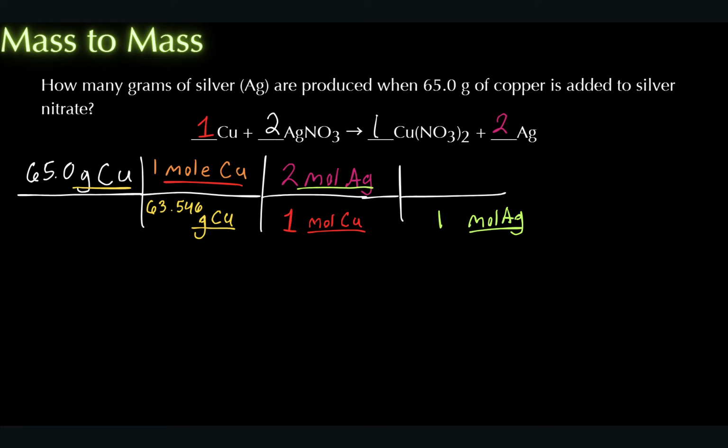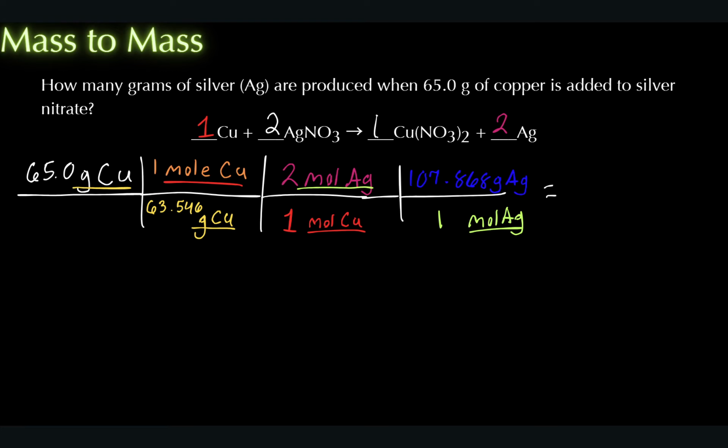And then on top, we're going to take a look at the mass on the periodic table, and the mass of our silver will be 107.868 grams of our Ag. We have now completed our setup and we're able to go ahead and solve.